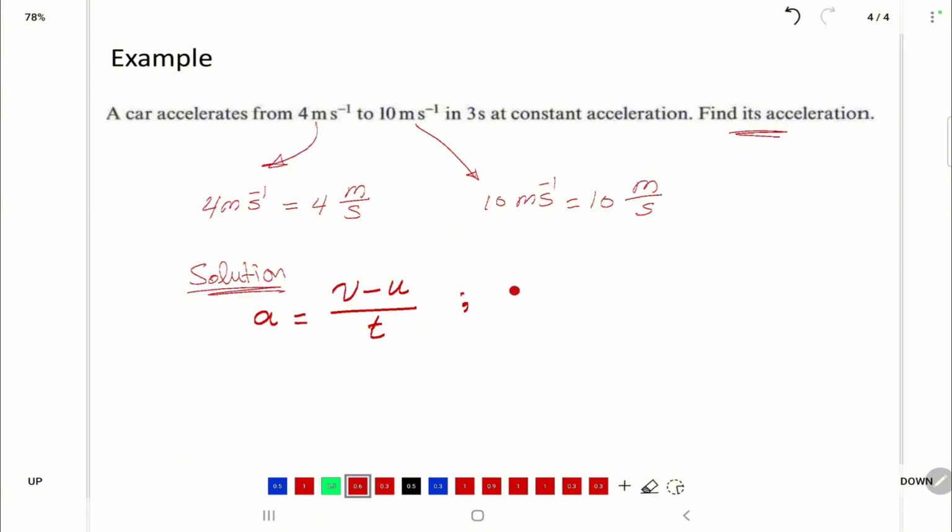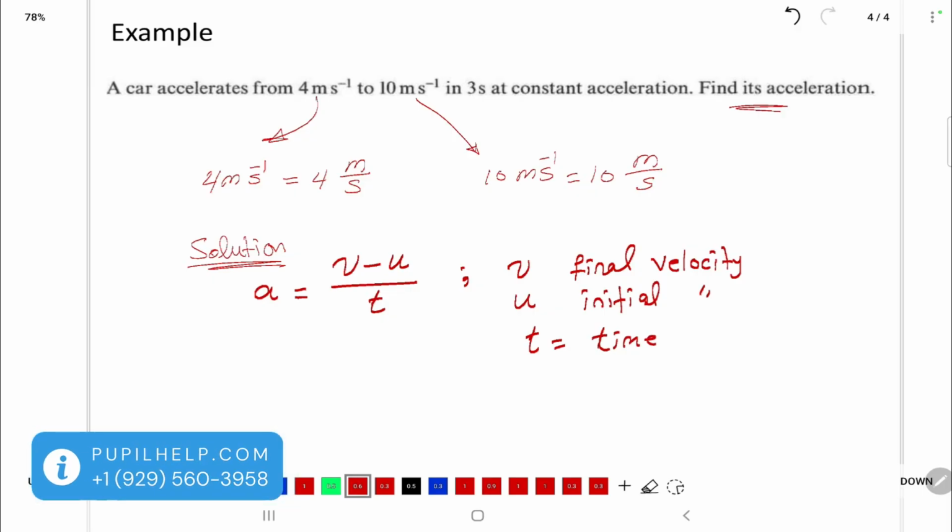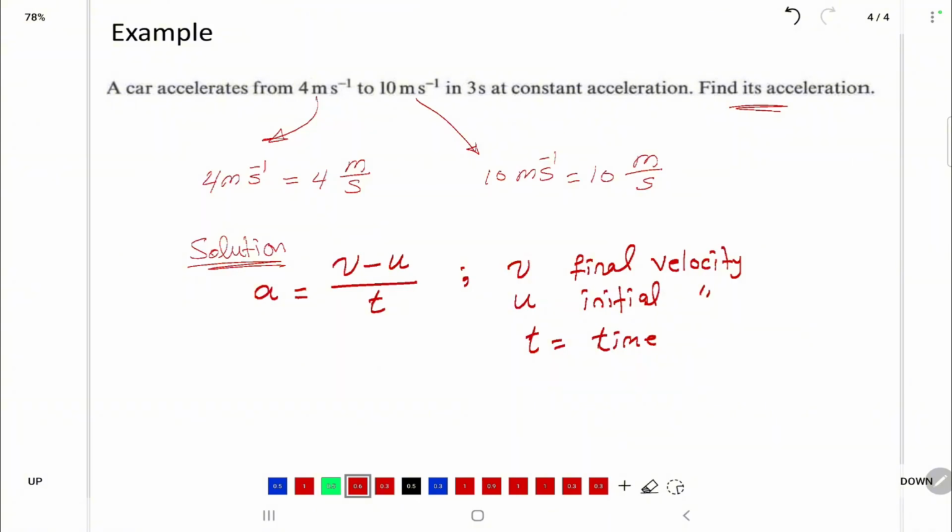Here v is the final velocity, u is the initial velocity, and t is the time required to change from initial velocity to final velocity.